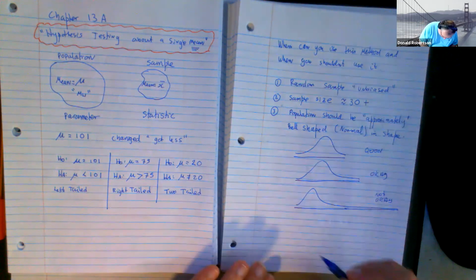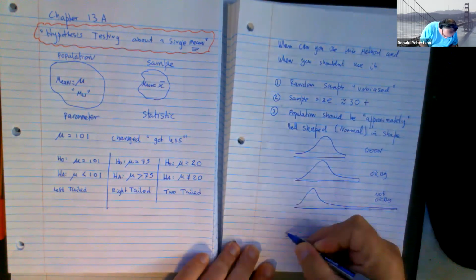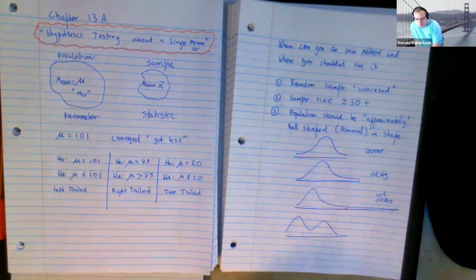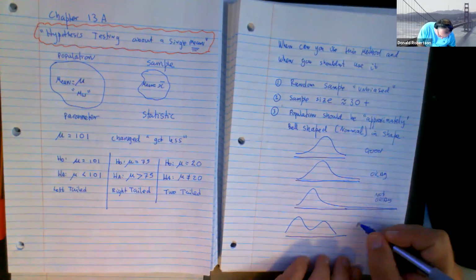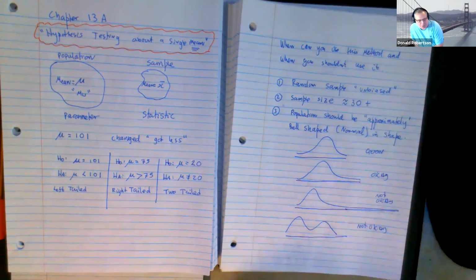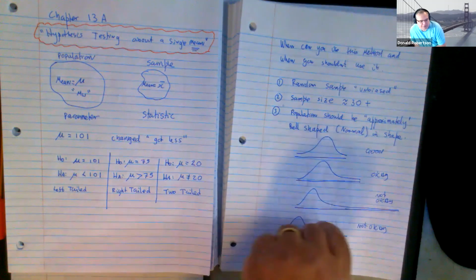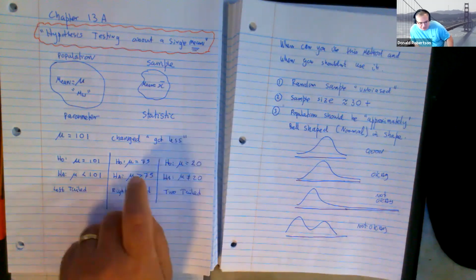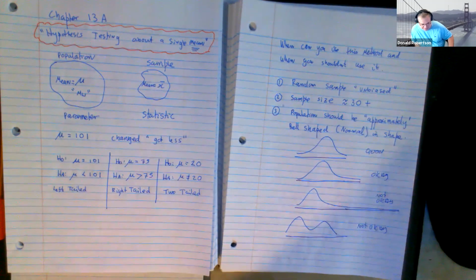There are other no-nos. Would you think that is okay? Agreed. Bimodal data, right? Two hills is really bad. Don't do it, right? Danger, Will Robinson, just don't do it.